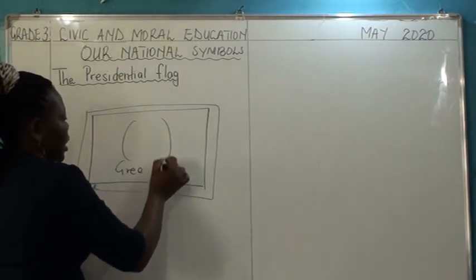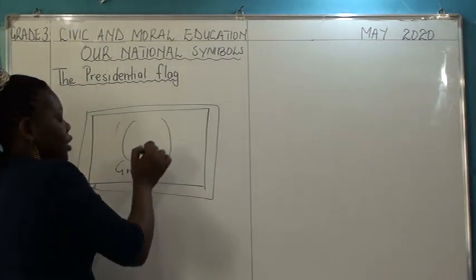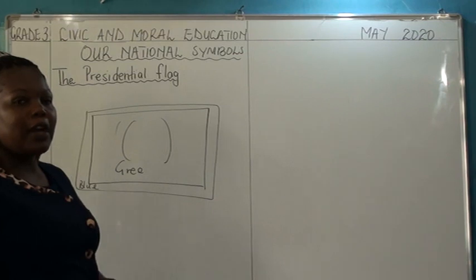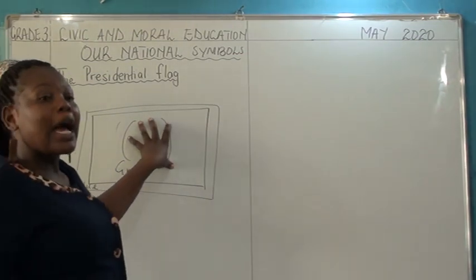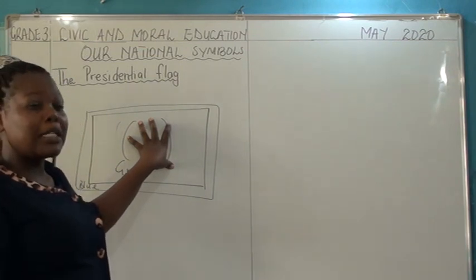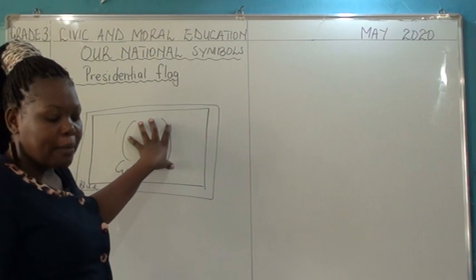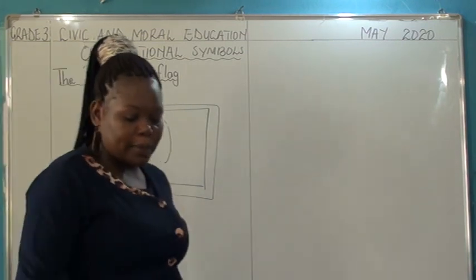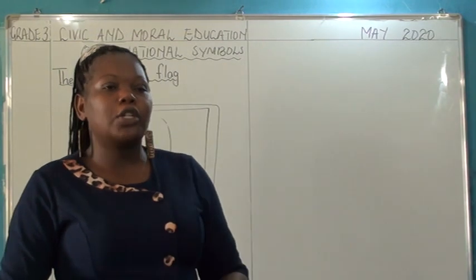Then in the middle here, we have the coat of arms without the man and the woman. Because we learned about the coat of arms and we saw one of the components of the coat of arms, it has a man and a woman. But on the presidential flag, there is no man and woman on that coat of arms that is present on the presidential flag. Now, where do we find the presidential flag?